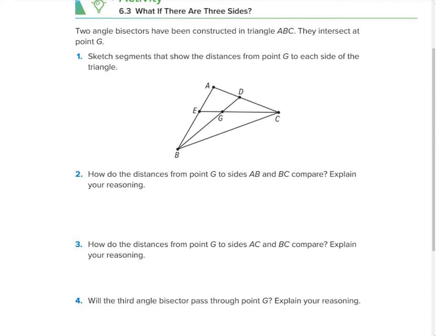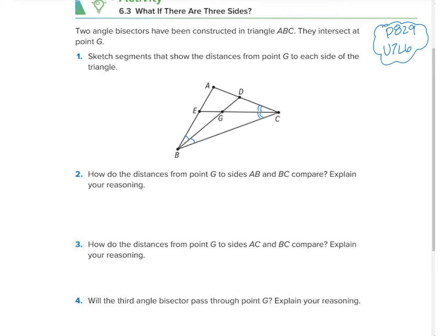This is page 829 of our book. And this is Unit 7, Lesson 6, a brief activity. So it reads, 2 angle bisectors have been constructed. So that means that this angle and this blue angle have to be equal. BD is an angle bisector. And then this little angle and this little angle at C also have to be equal to each other because EC is an angle bisector.